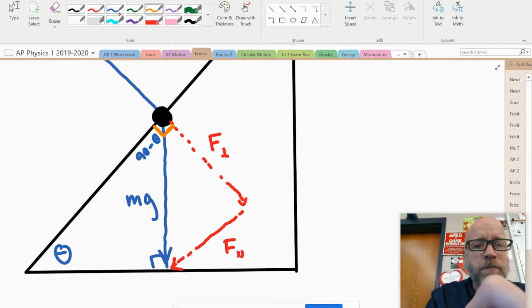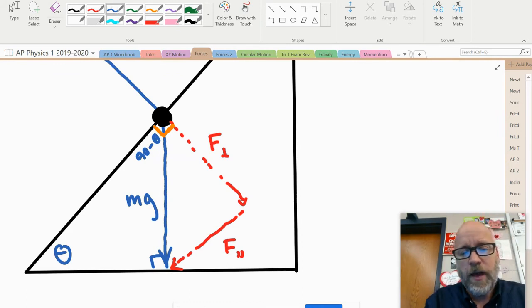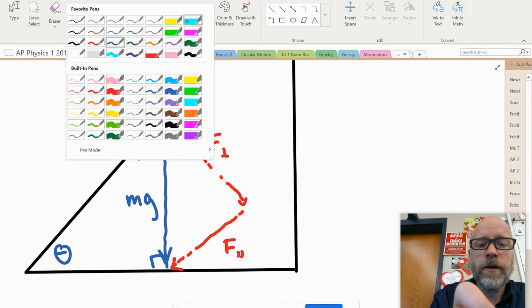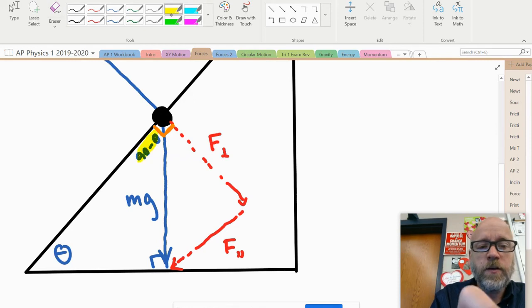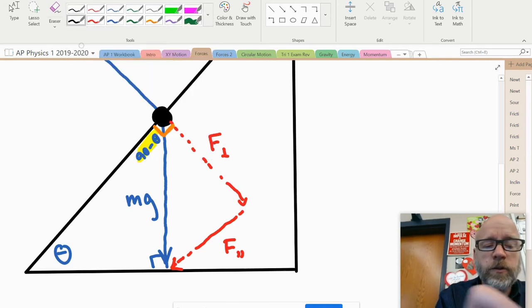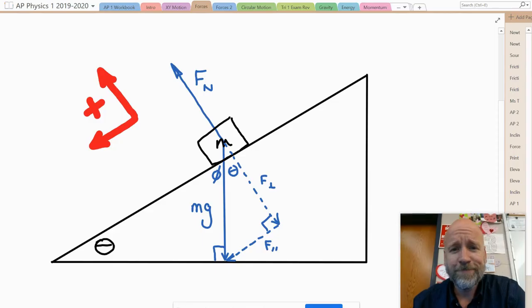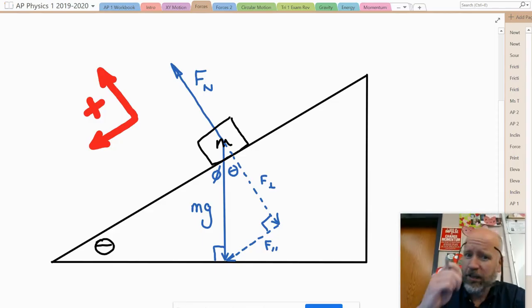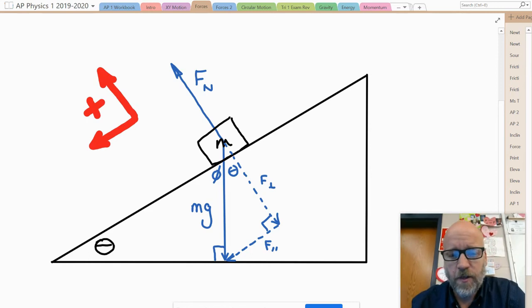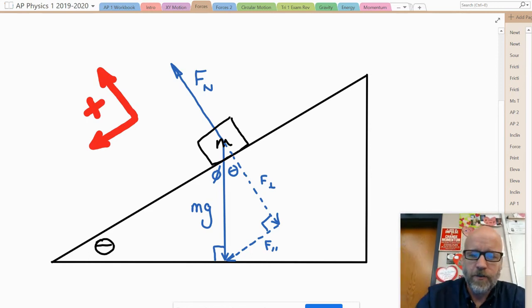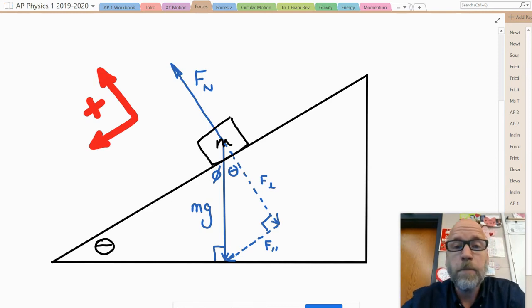So if that's 90 minus theta, this angle right here, then the angle that we're looking for right there is going to be theta. So if this angle is theta, just trust me for now, that angle is theta. Then mg is the hypotenuse of this triangle.